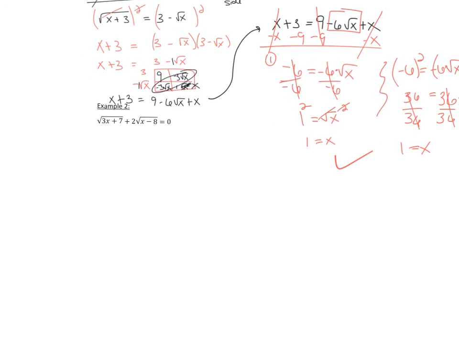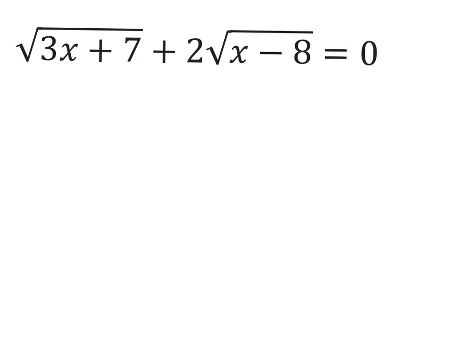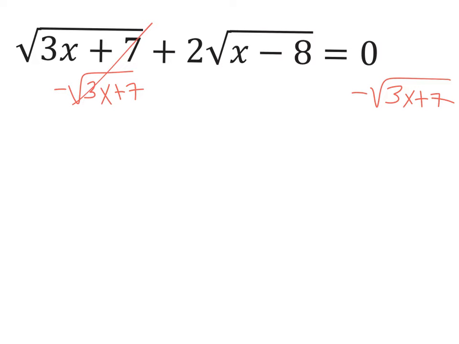Okay, example 2. So you're going to bring over one of the radicals to the other side. I'll bring over the smaller one, so I'll bring over 3x plus 7. The difference really between the previous lesson and this lesson is that there are 2 radicals involved.